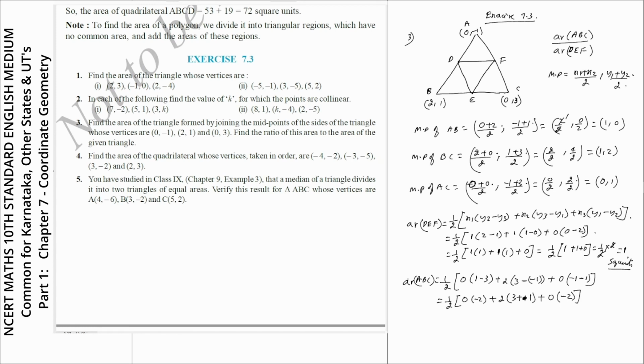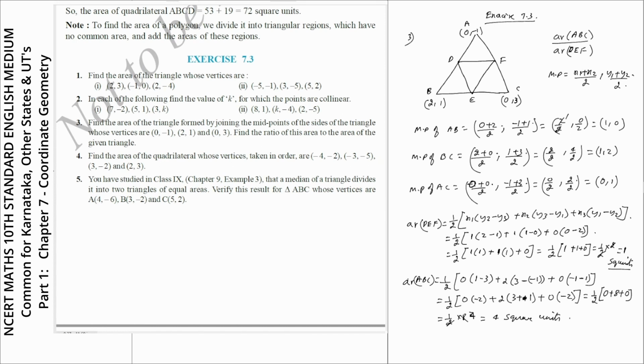So now this I'll get as half into, 0 into minus 2 is 0 only, then plus 3 plus 1 is 4 into 2 is 8, plus again 0 into any number is 0 only, so I'll get half into 8, so 2 fours are 8, so 4 square units.